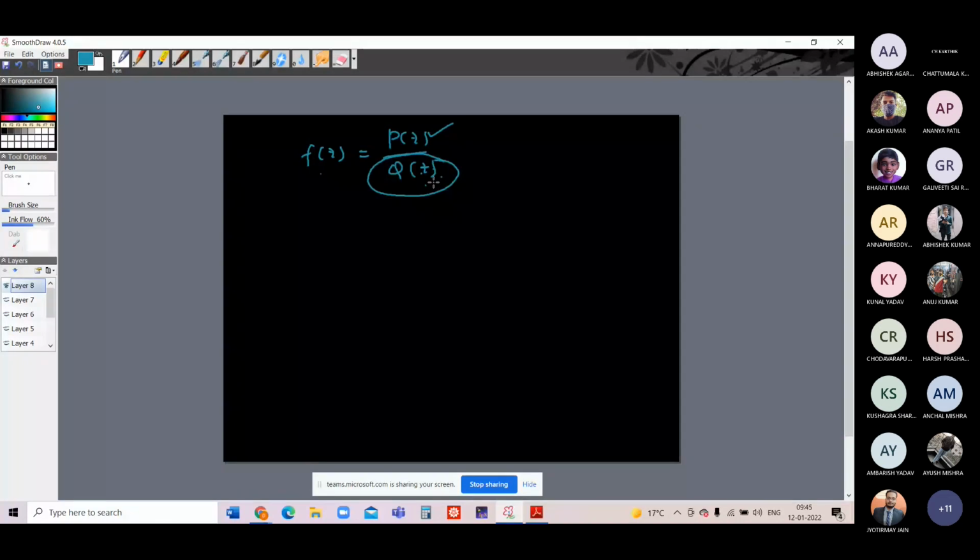So the domain of this function f is the collection of all complex numbers z such that q(z) is not equal to 0.